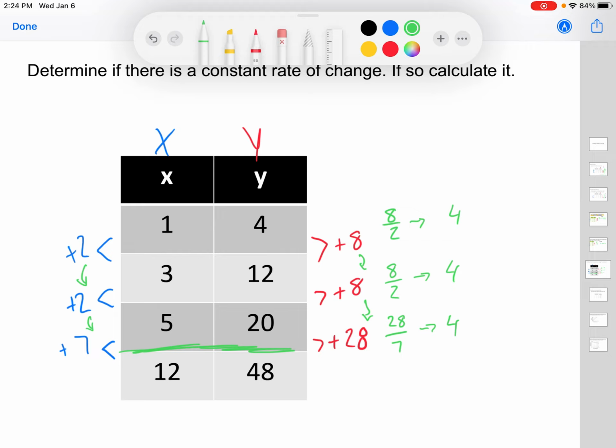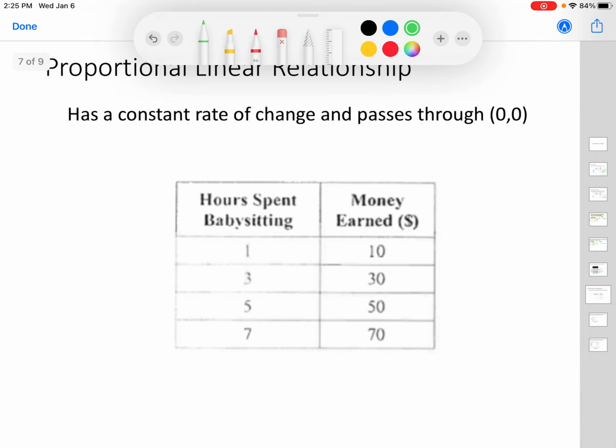There still could be. There could just be values missing. And so it's important to go through all the steps, even if you don't think there's going to be a constant rate of change, because there may be one, it's just hidden. So for this one, we would say our constant rate of change is 4.